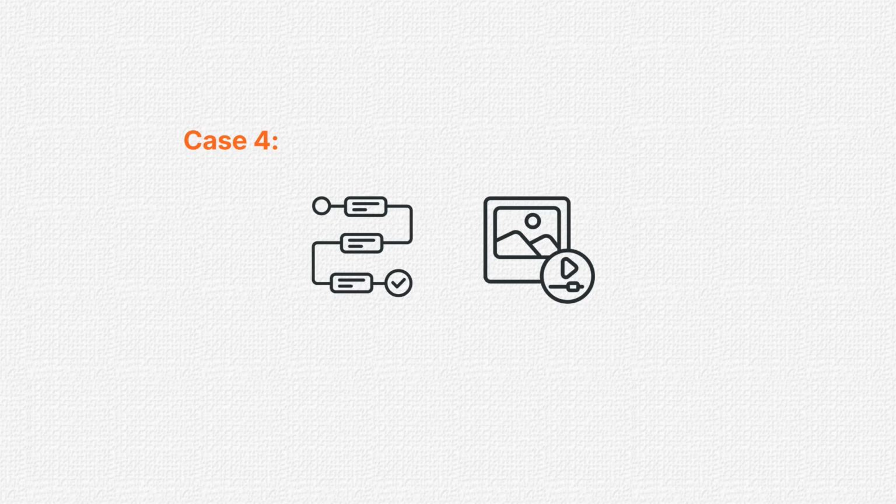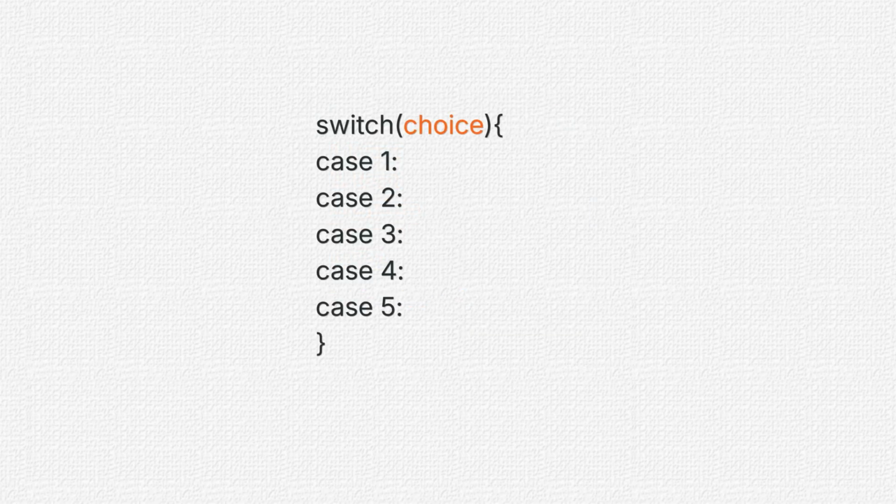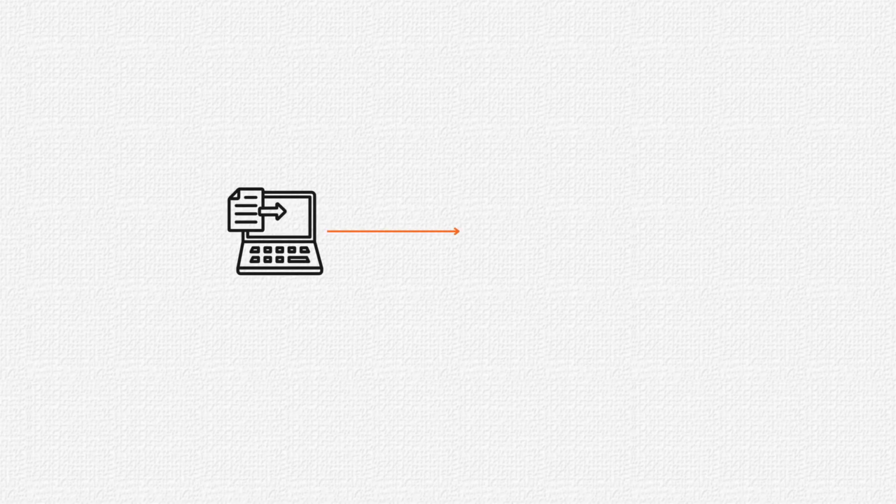Now let's understand case 4 flow visually. If the user enters 4, the value 4 is stored in the choice variable. The switch statement checks the value of choice. Since the value is 4, case 4 executes. The program asks the user to enter the ID of the record to delete. Then a delete query is created to remove the record from the database.